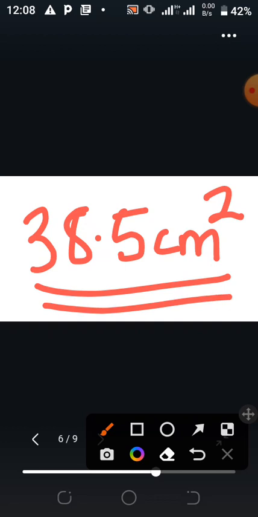So whenever you get an answer in mathematics and it has to do with area, find the area of whatever, let your final answer be squared. So that question asked us to find the area of the sector of a circle whose angle is 90 degrees and that circle has a 7 cm radius. The area of that sector is 38.5 cm squared.